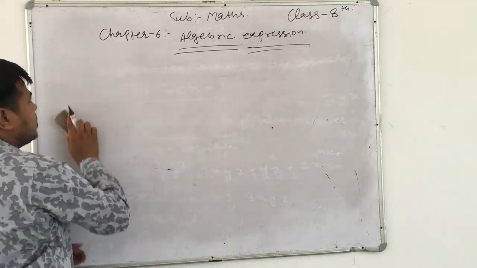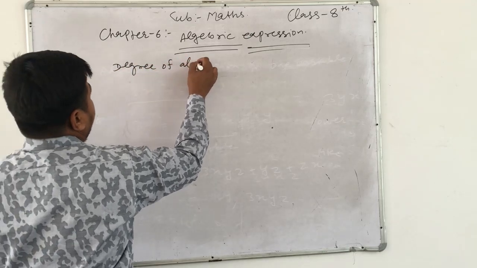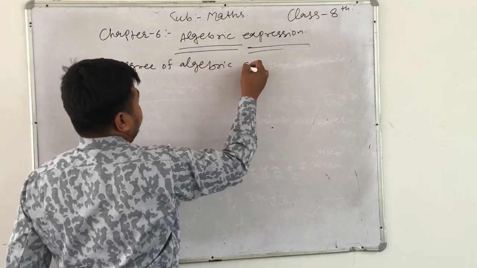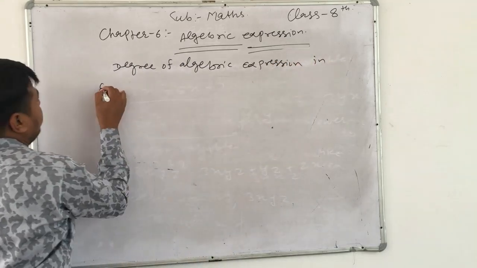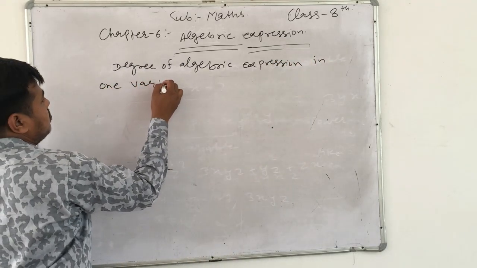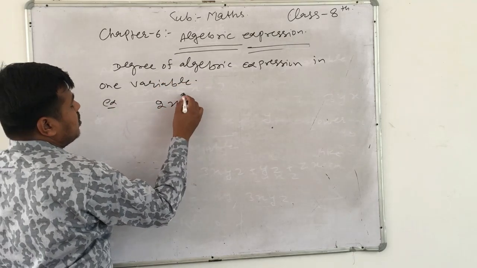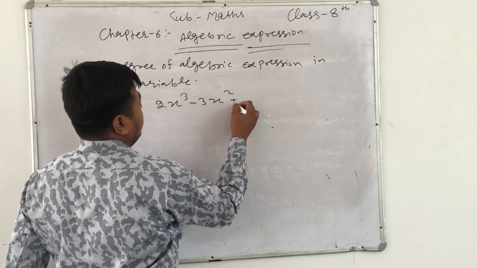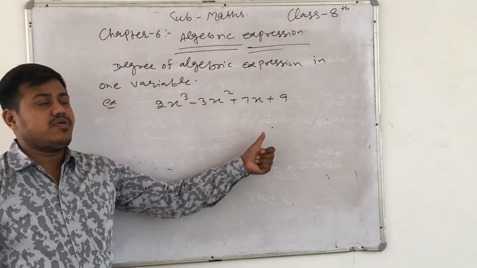Degree of algebraic expression in one variable. Let's take an example: 2x cube minus 3x square plus 7x plus 9. An algebraic expression in one variable.